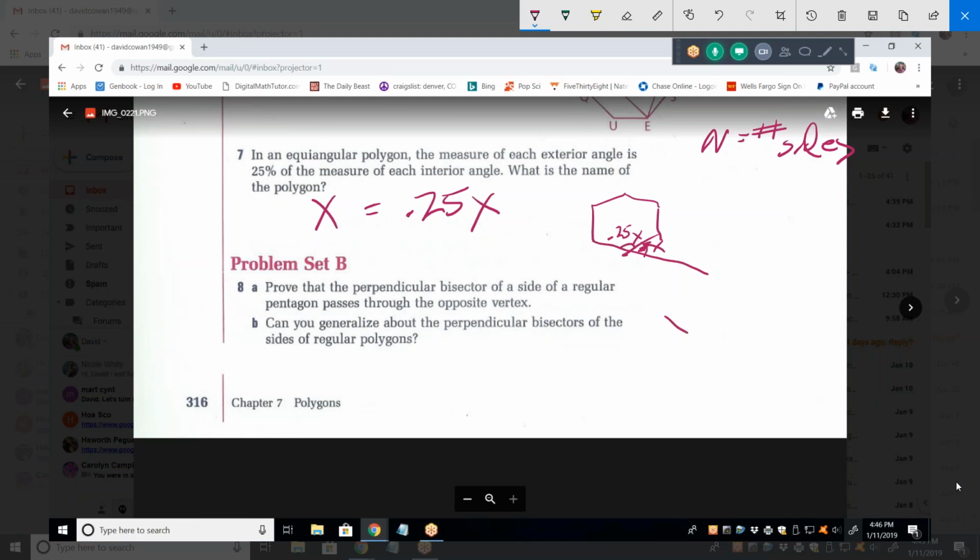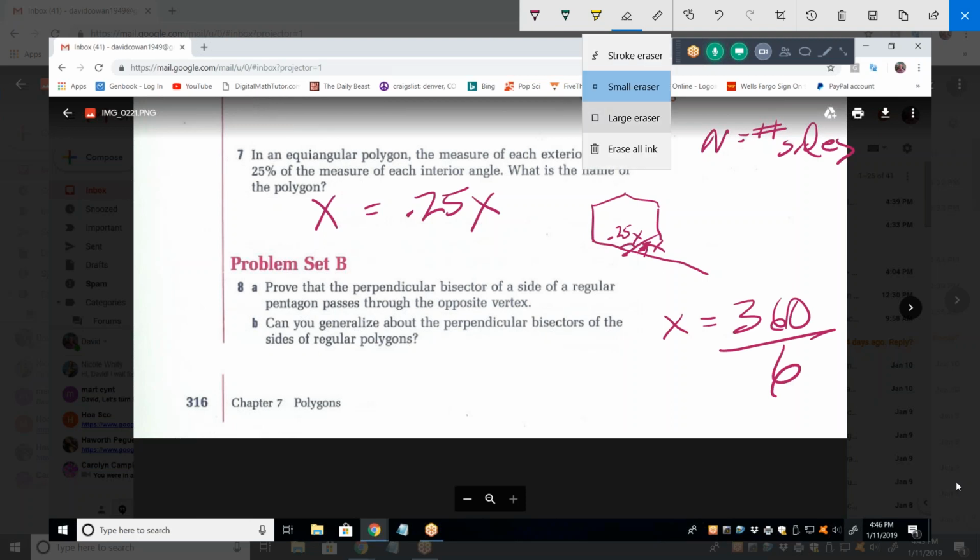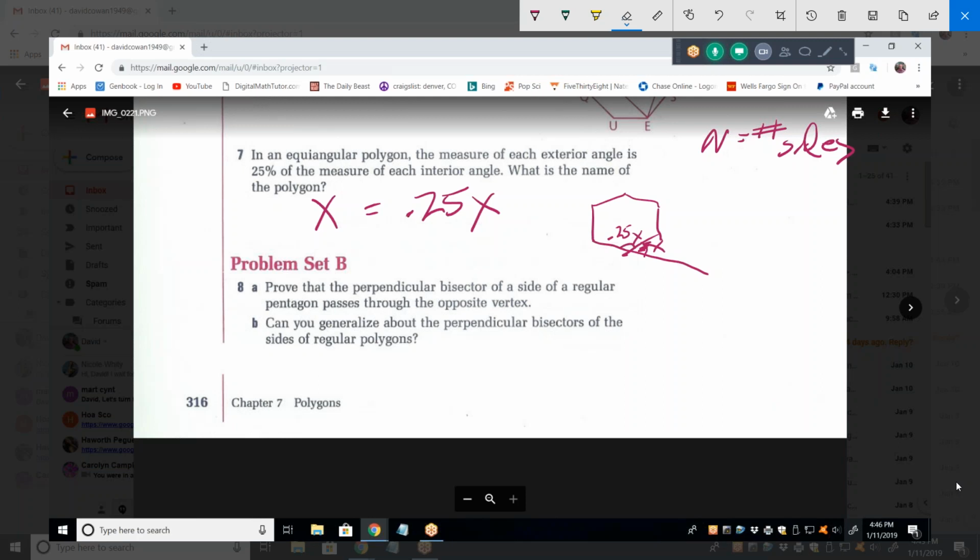So X is always out of 360, 360 divided by n. Let's substitute it in terms of n.